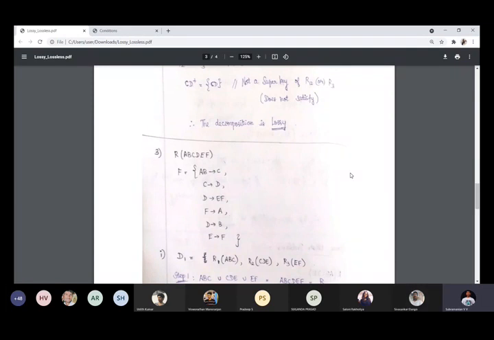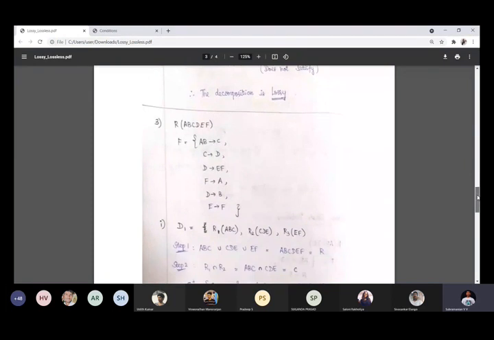We have the relation with A, B, C, D, E, F, and the functional dependencies are given as such. The first decomposition decomposes into three relations, R1, R2, and R3, which are A, B, C, then C, D, E, and then E, F. So you can solve and maybe tell if it's lossless or lossy.